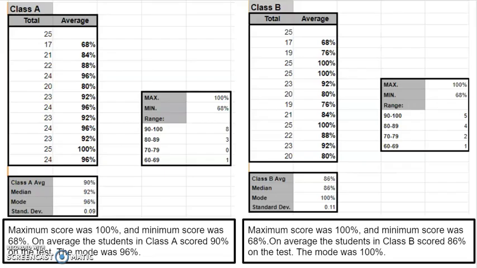Taking a deeper dive into the Class A and Class B averages, the maximum and minimum scores were identical, but the measures of central tendency as well as the score ranges differed.